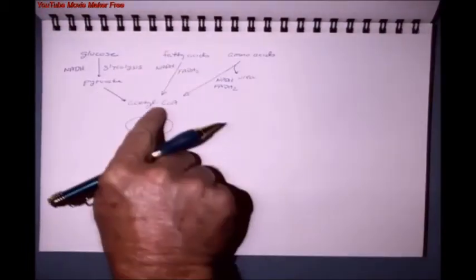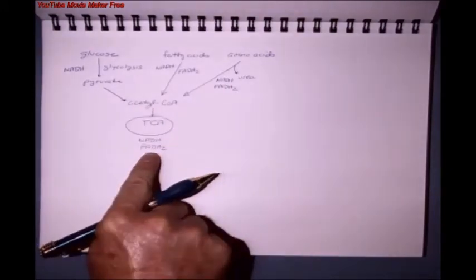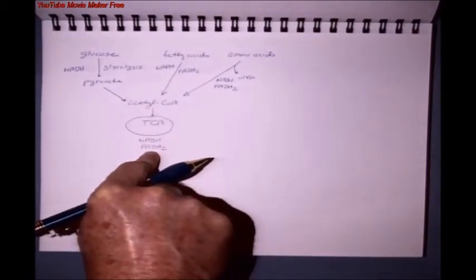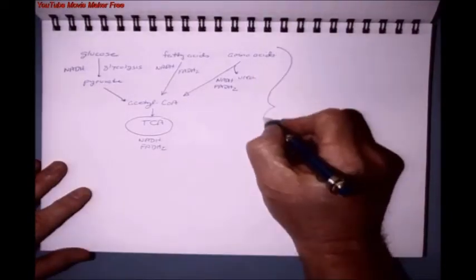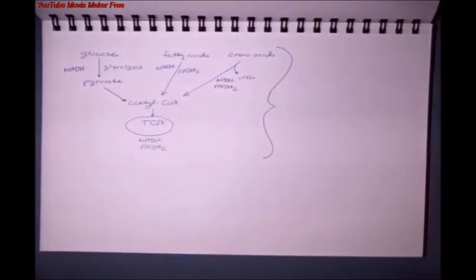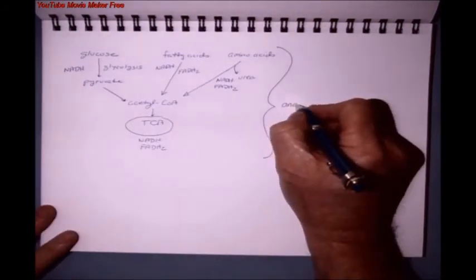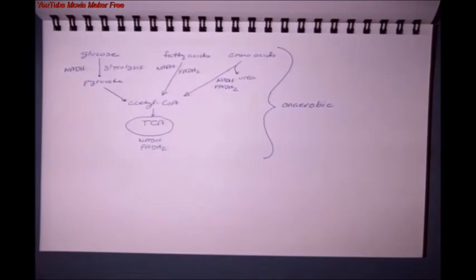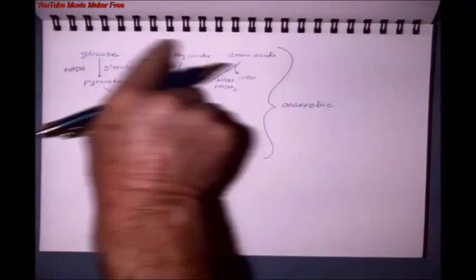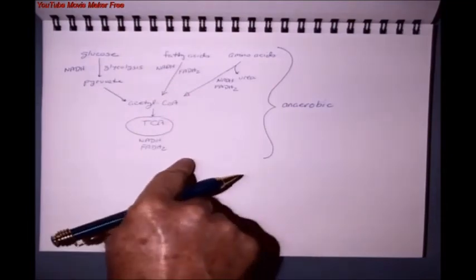So all of these oxidative processes to make energy, to make ATP, are all going to come down to acetyl-CoA, and they're all primarily going to be generating NADH and FADH2. So this portion of all of metabolism is anaerobic, simply because oxygen is not required in any of these reactions.